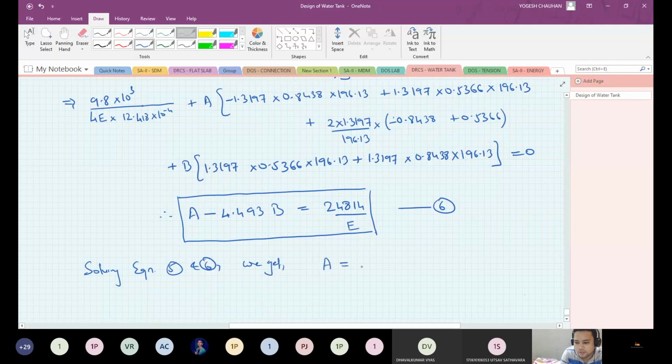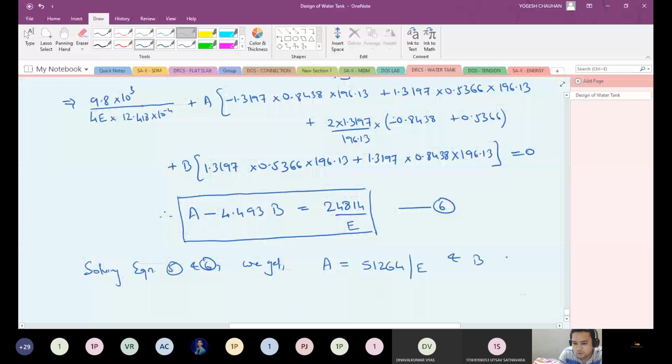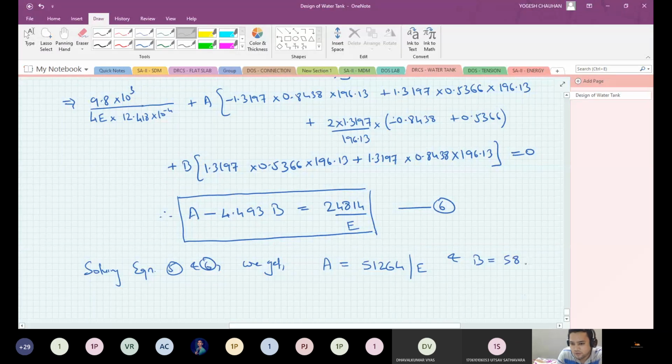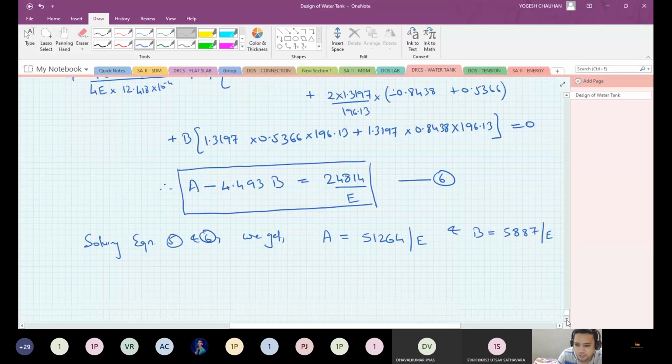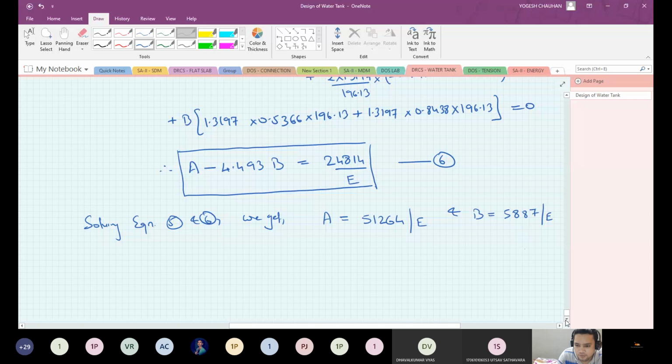The value of a is 51264 divided by e, and b is equal to 5887 divided by e. Okay, and now you substitute the values of a and b in the equation of y. You will get the final equation of y without any unknown constants.